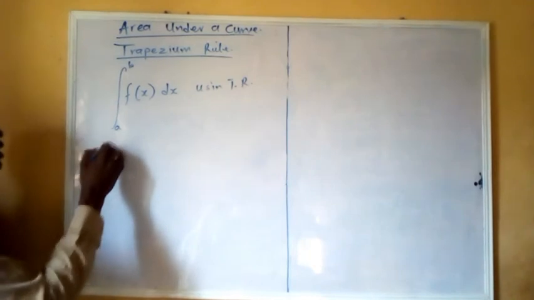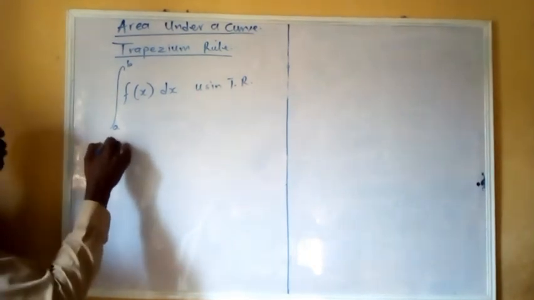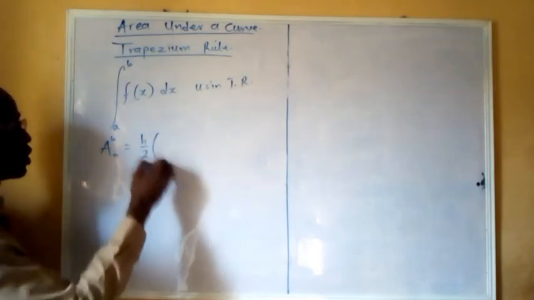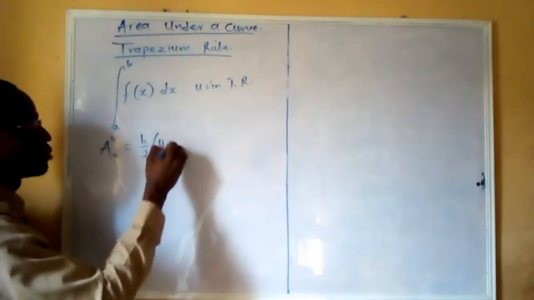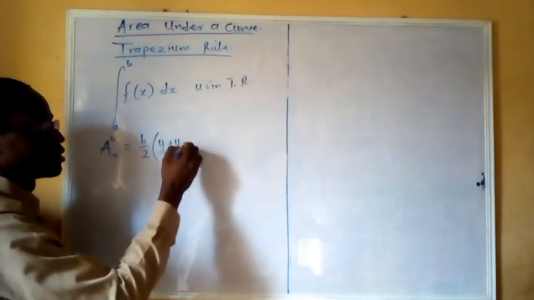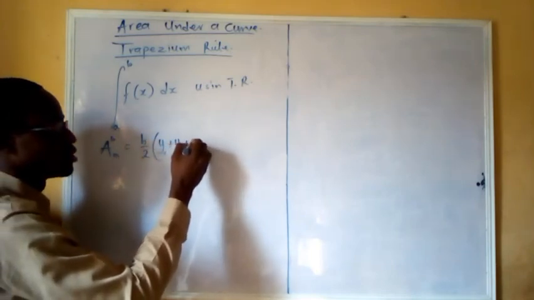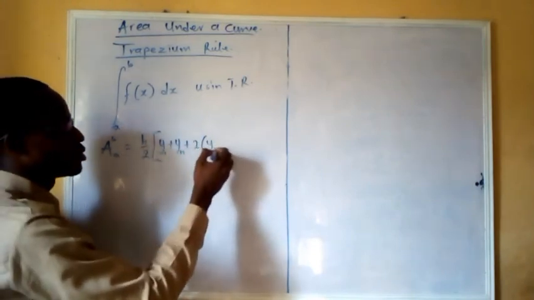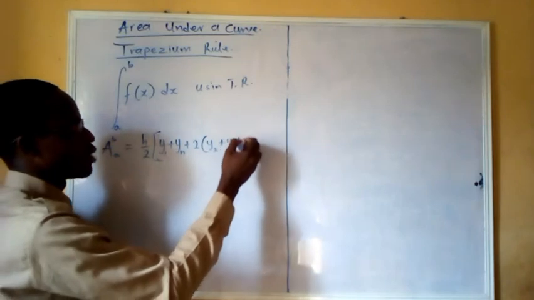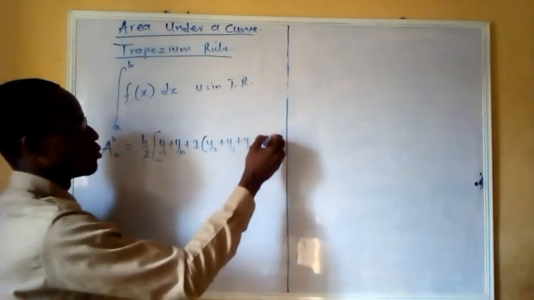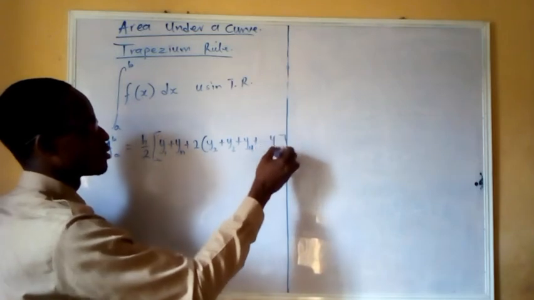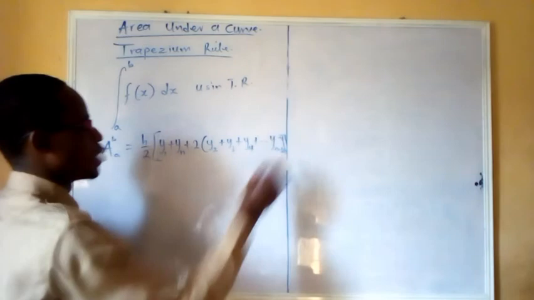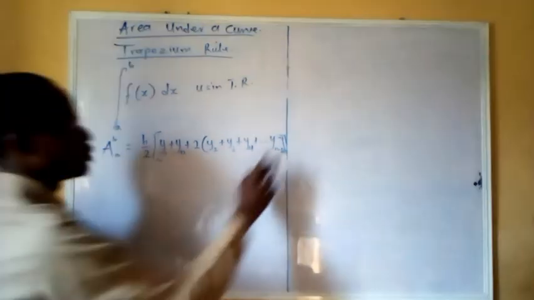So the rule says that the area from a to b will always equal h over 2 into bracket y1 plus yn, all plus 2 into square bracket y2 plus y3 plus y4 up to yn minus 1. This is what the rule is talking about.